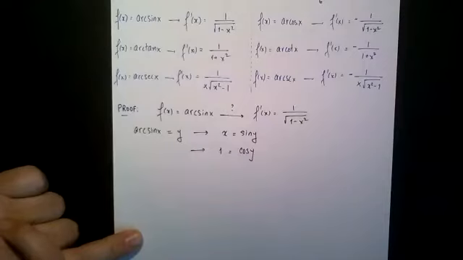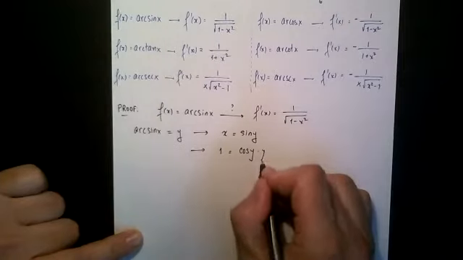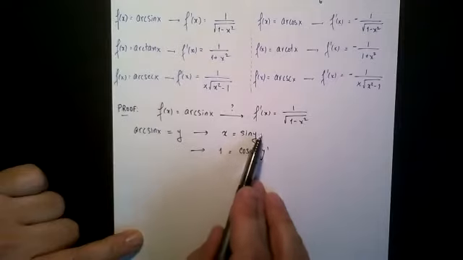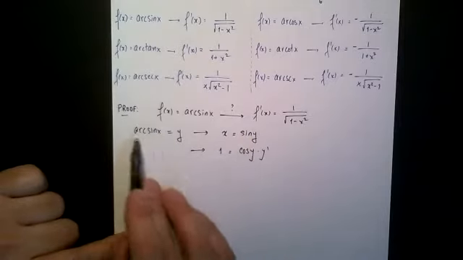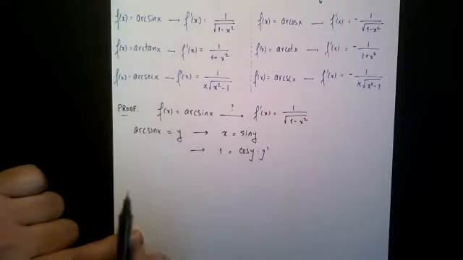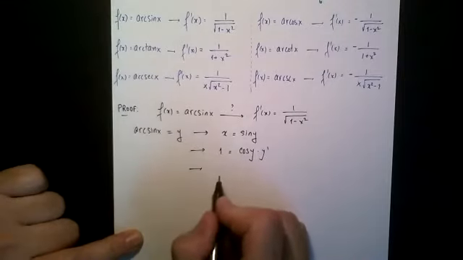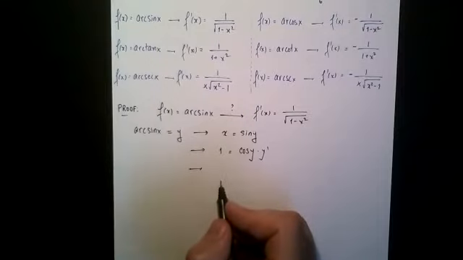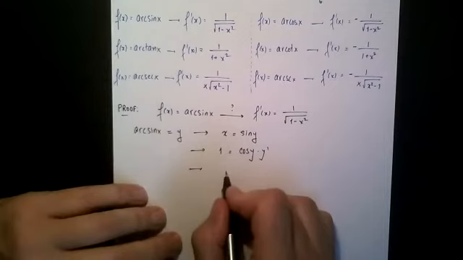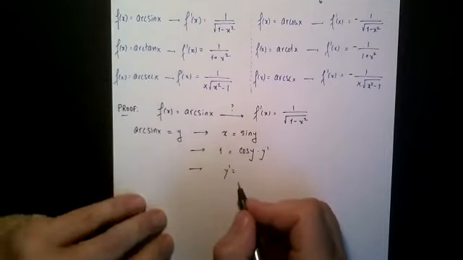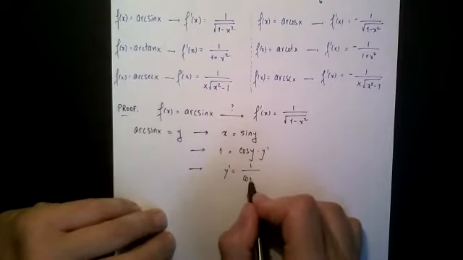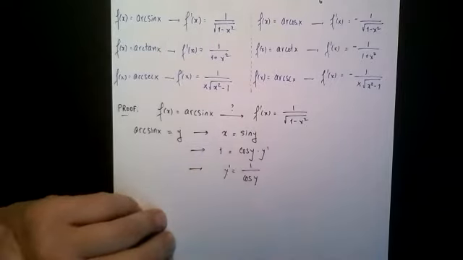Obviously something's missing. You have to put a y prime. Times y prime. Don't forget the y prime. It's changing, right? Cos y times the derivative of y. Don't forget, y is a function. So times y prime. And so y prime is equal to 1 over cos of y.